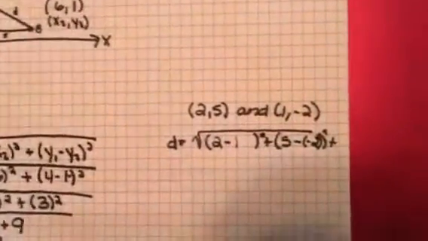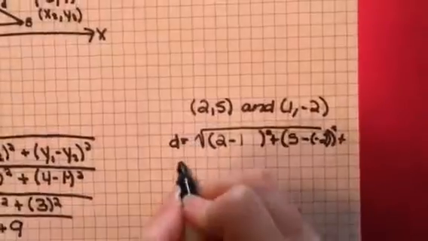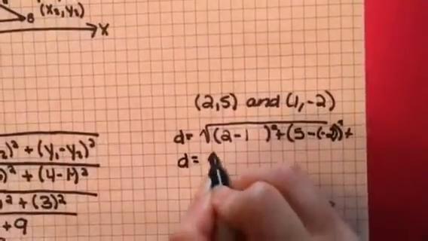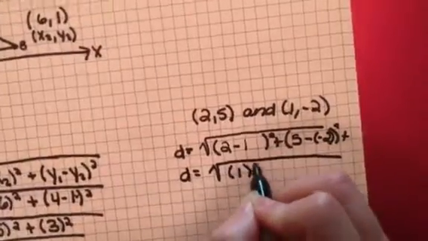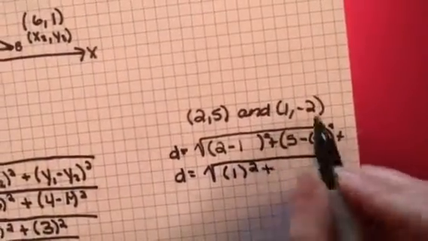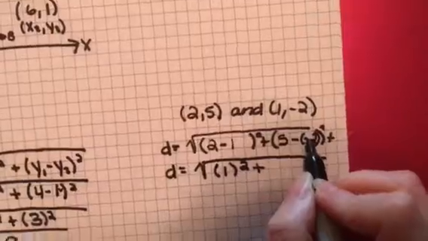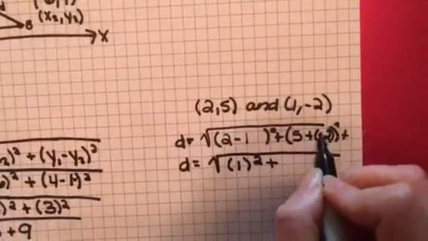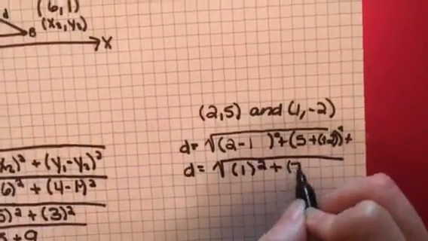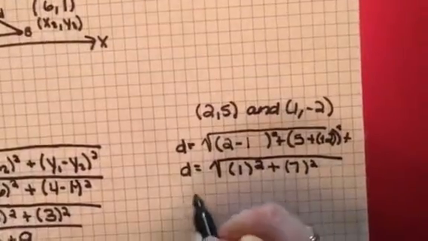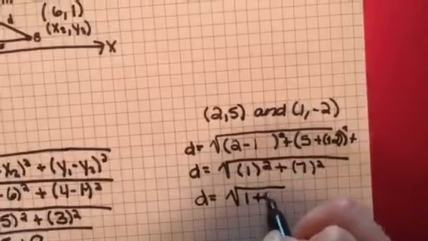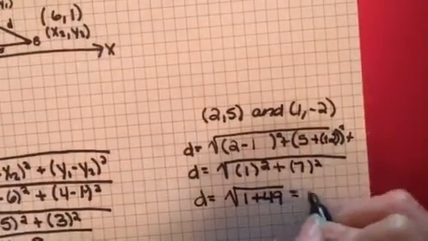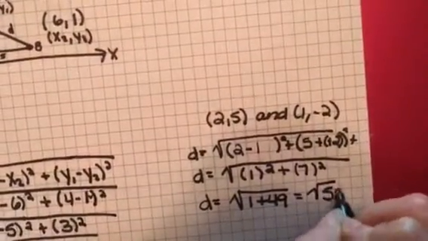Okay, I'm just going to move this over. So now I have d equals the square root of (2 minus 1), which is 1 squared, plus (5 minus -2). I can just say plus positive 7 squared. d equals the square root of 1 plus 49, and that equals the square root of 50.